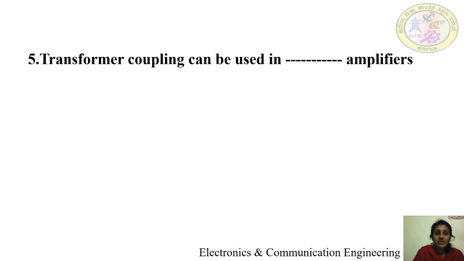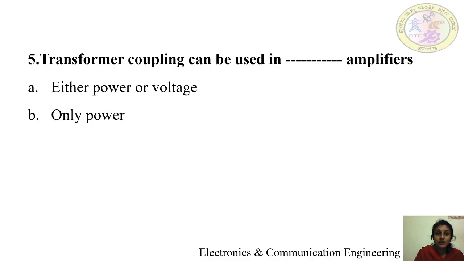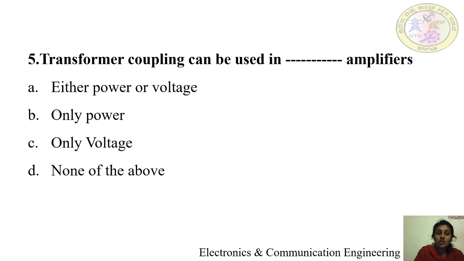Next question. Transformer coupling can be used in dash amplifiers. The options are either power or voltage, only power, only voltage, none of the above. So the answer is either power or voltage.